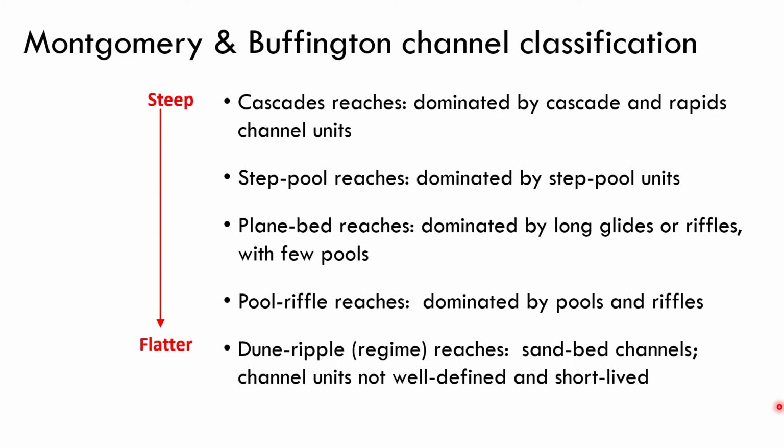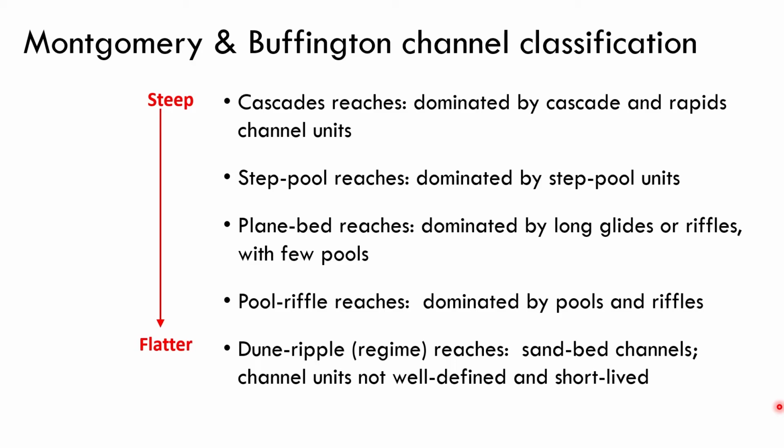So we have what we call cascade reaches, which are real steep, with large sediment size, cascades and rapid channel units. Then we get into step pool reaches, which are dominated by step pool units. So, coarser sediment, but smaller step pools.